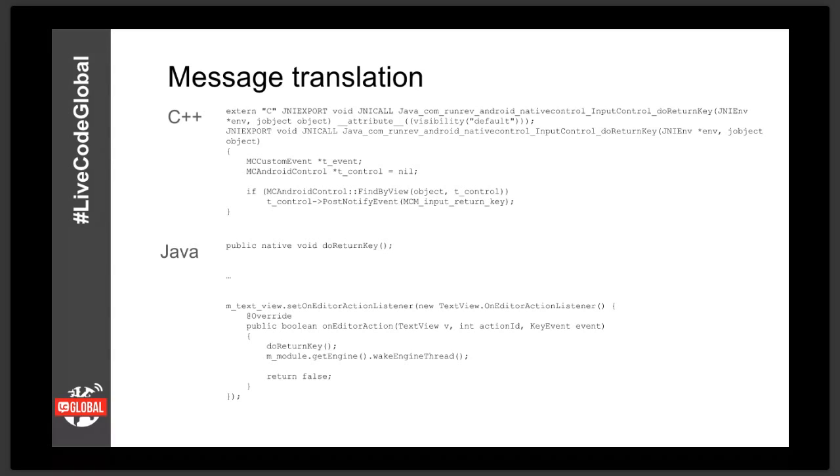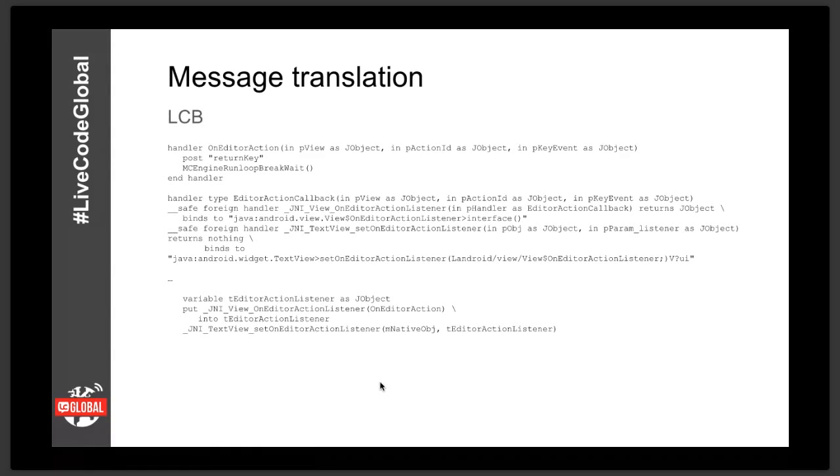Lots of slightly scary looking stuff, which is to do with calling back into native code from Java. And here's the override of the editor action message. Here's the LCB. So it's quite nice to have this as an LCB handler.